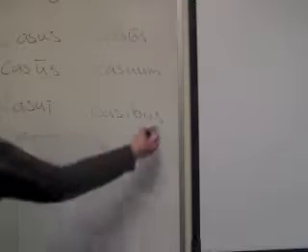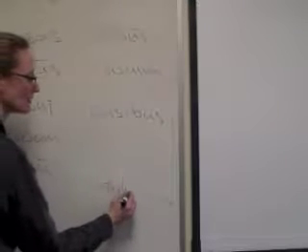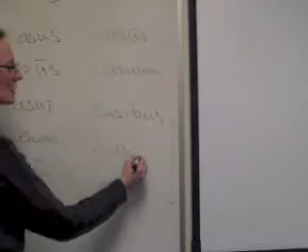Dative plural is kasibus, just like the third declension. Because dative and ablative are always the same in the plural, that's also the ablative, kasibus. And the accusative plural is kasus, same as the nominative.